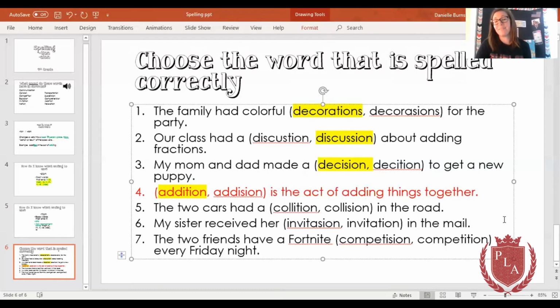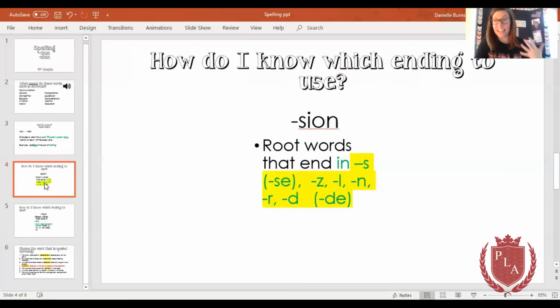Let's look at 5, 6, and 7. Number 5, the two cars had a collision in the road. Collision, collide, I hear that D at the end. Which one will you choose? If you said S-I-O-N, you are correct. This one falls back into our pattern. Number 6, my sister received her invitation in the mail. Invitation, invite, I-T-E, it ends in that T-E. That's not one of our special letters for S-I-O-N.